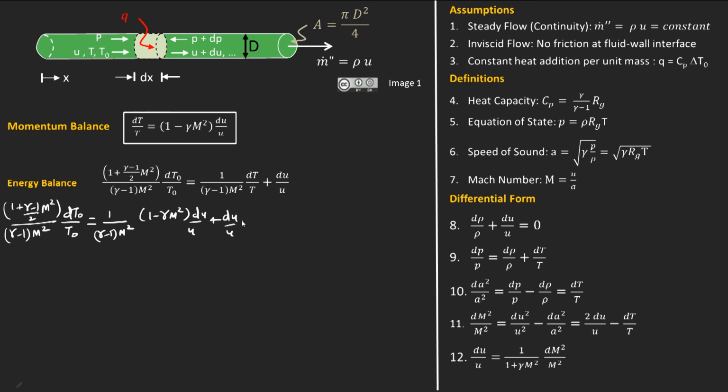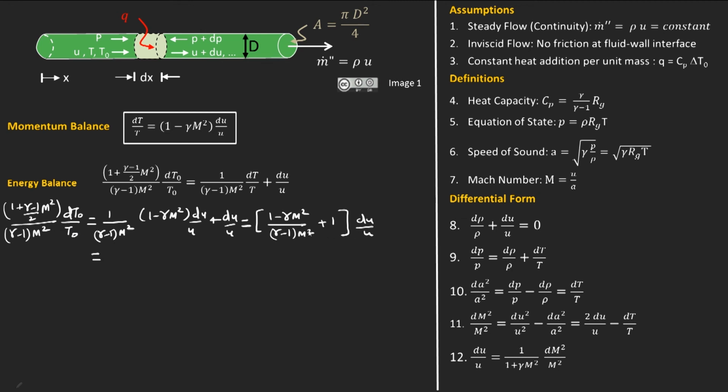Let's simplify the right hand side a bit more. We know we can pull dU over U from both terms to get 1 minus gamma M square by gamma minus 1 times M square, plus 1, times dU over U. I'm just going to continue to work on the right hand side because I'm not doing anything to the left hand side as yet.